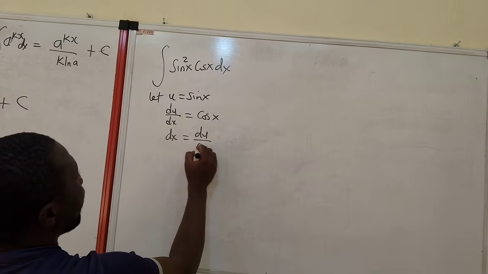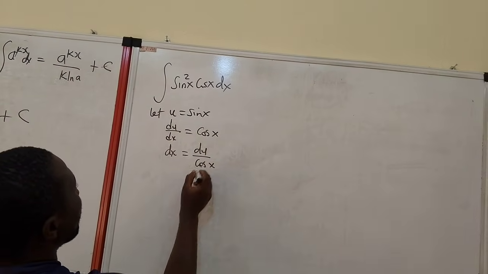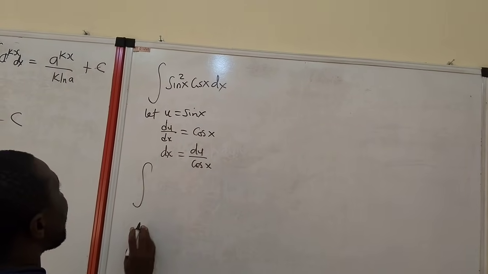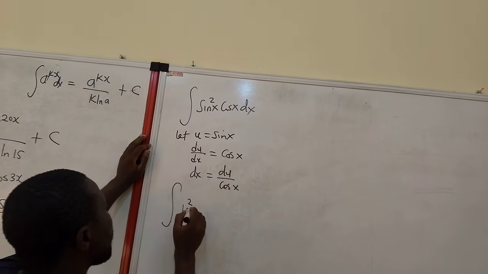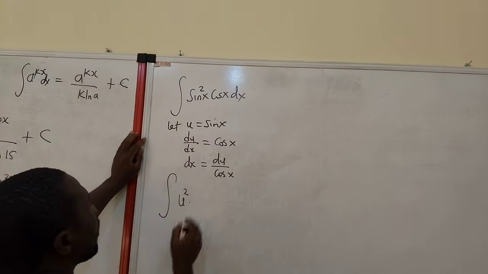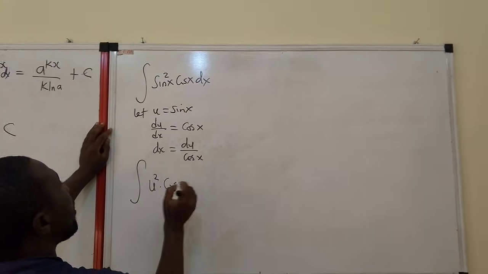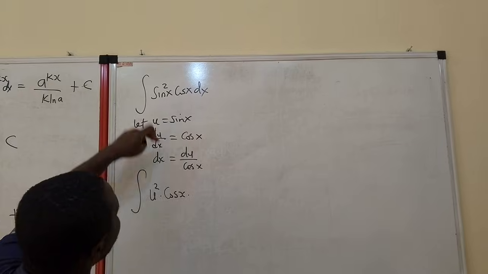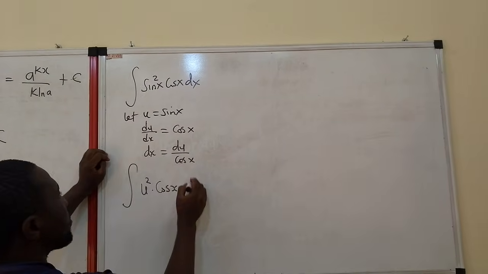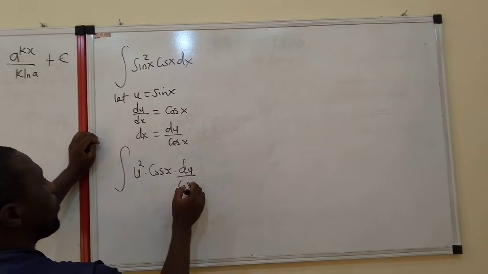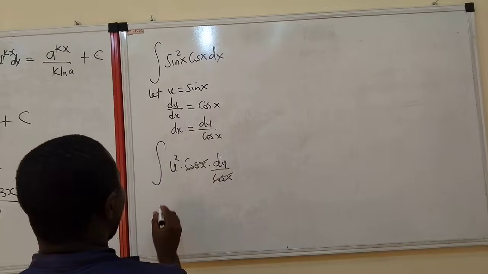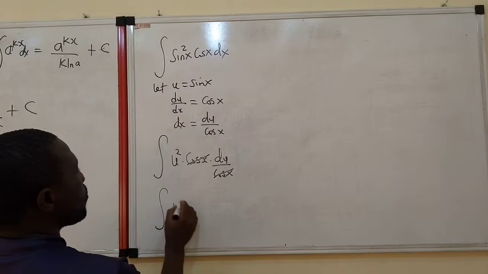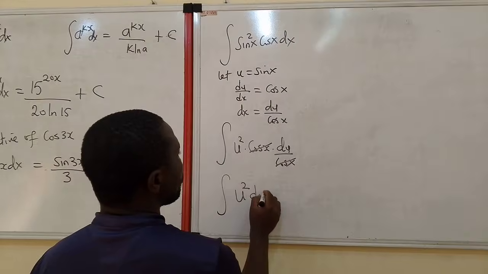So anywhere you see sine x, we write u squared, and anywhere you see dx, we write du over cos x. You cancel out cos x. I have the integral of u squared du.